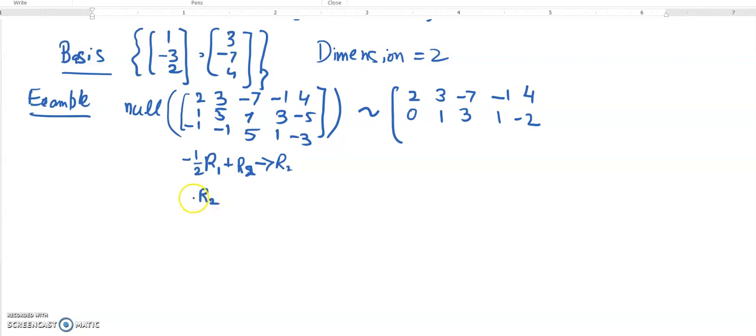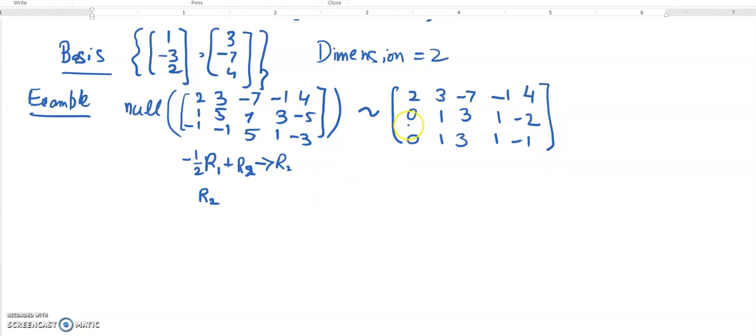Okay, so 2 by 7 to remove the fractions. I multiplied by some numbers to remove these fractions. And then the third row, similarly, I will get 0 1 3 1 minus 1.